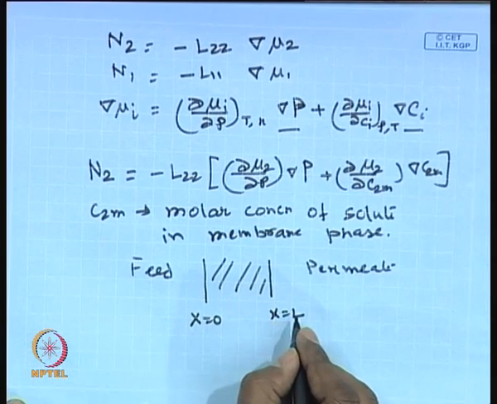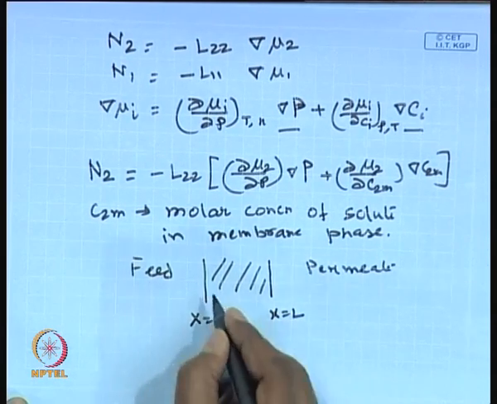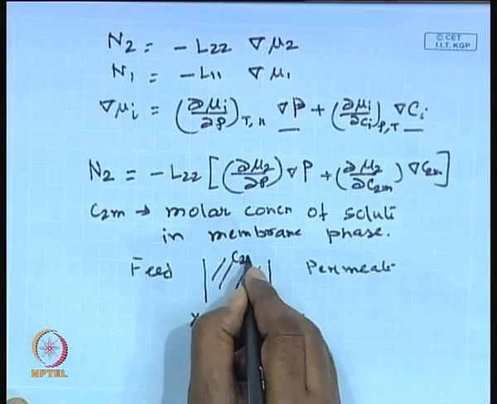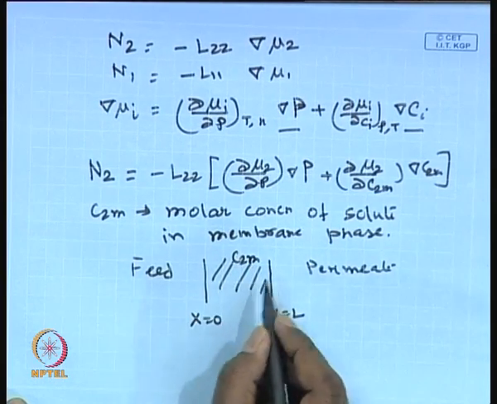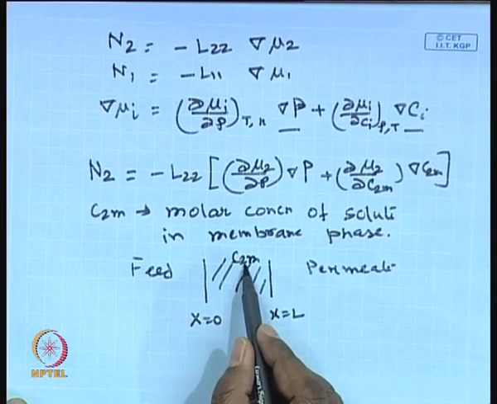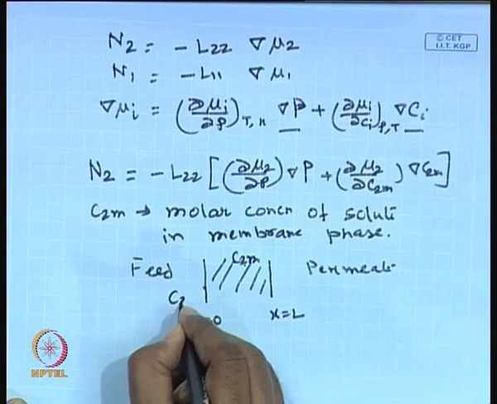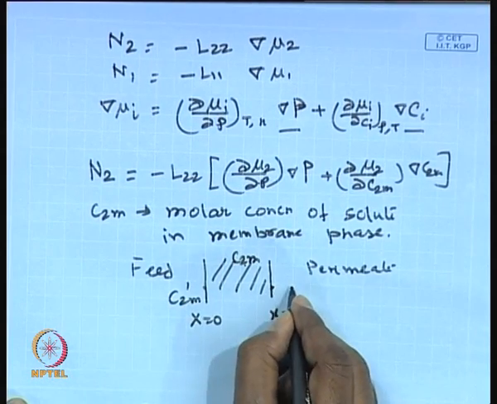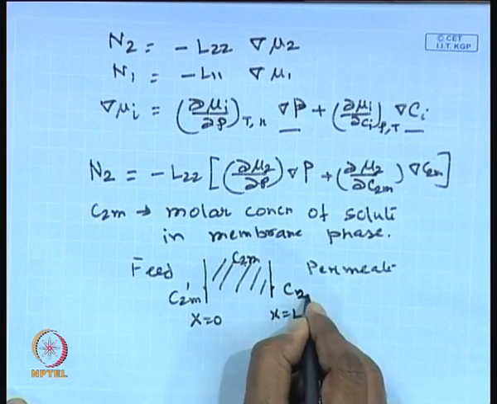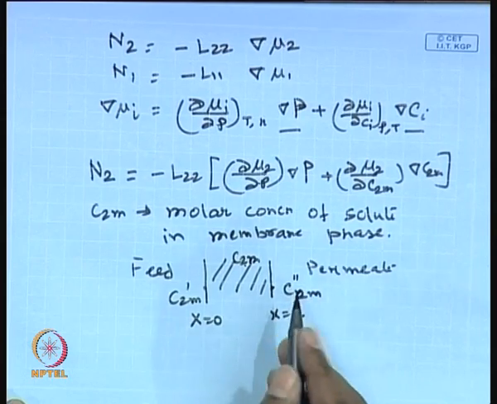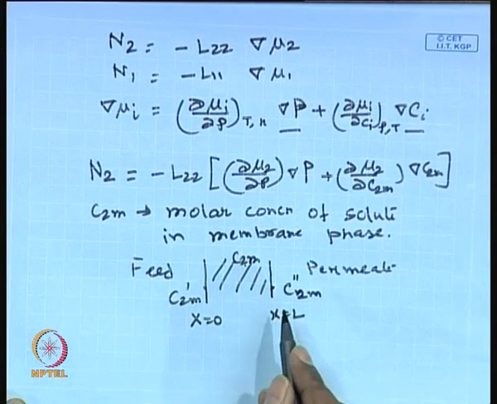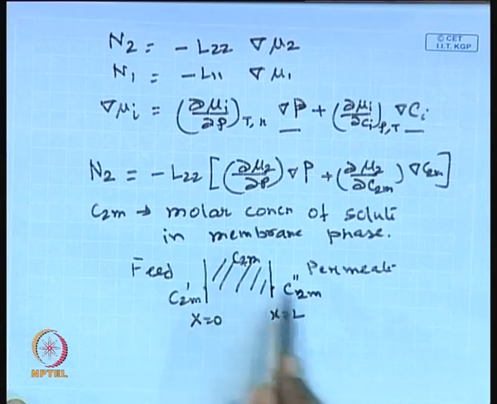L is the thickness of the membrane or the barrier, and C2m is the concentration here in the membrane phase. That means, concentration of the solvent in the membrane phase, and you will have a concentration in the upstream C2m prime and a concentration in the downstream C2m double prime, at the interface of the bulk and the membrane. So, this is basically the steady state case.